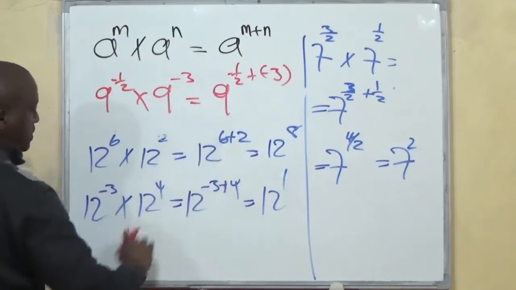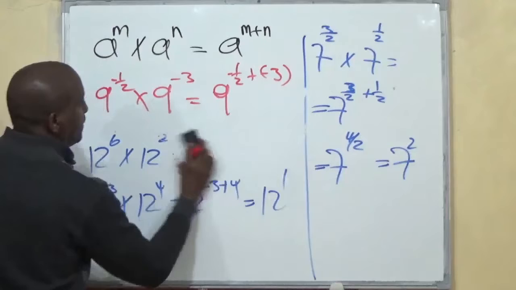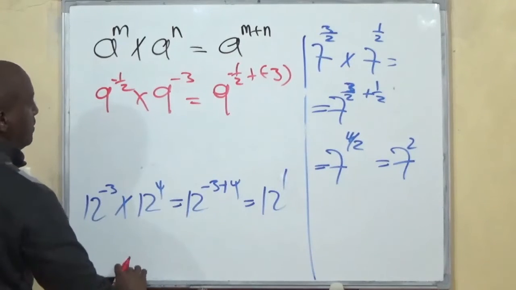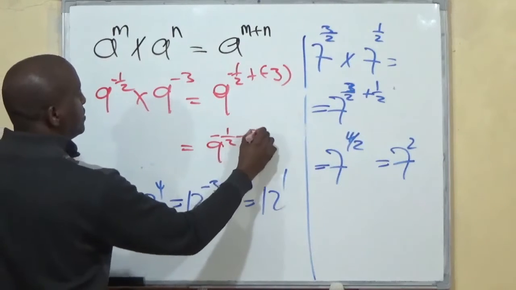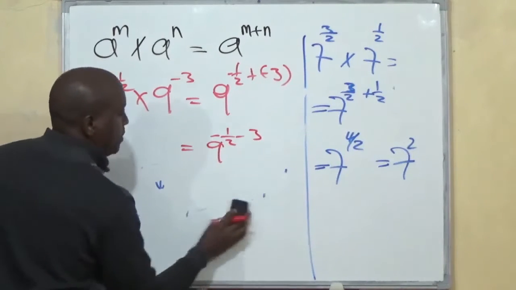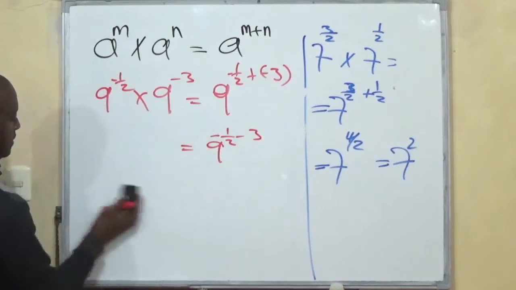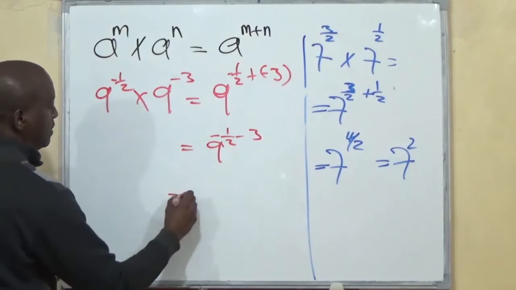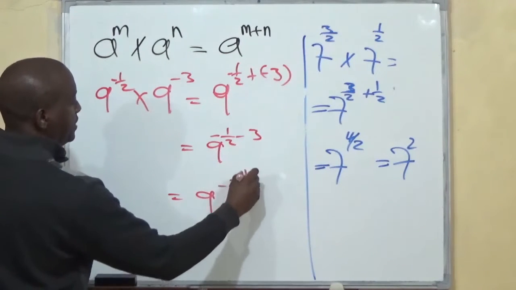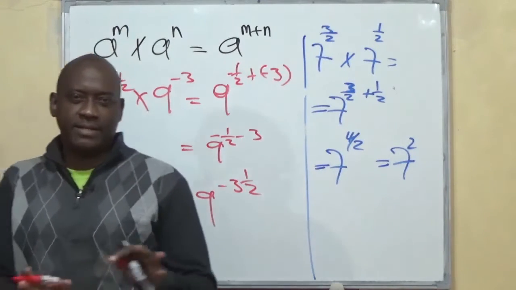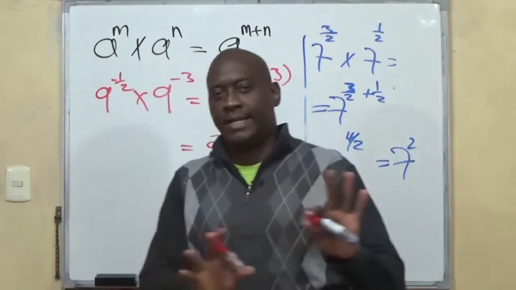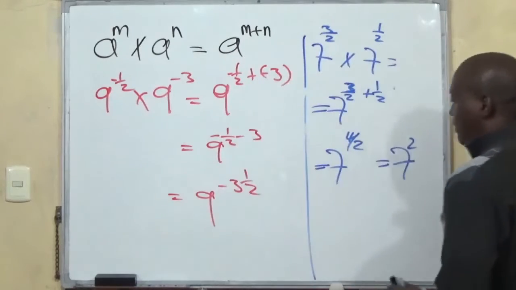Notice we're using the brackets and so forth. That is equal to 9 to the power of minus a half minus 3, which is equal to 9 to the power of minus 3 and a half, etc.